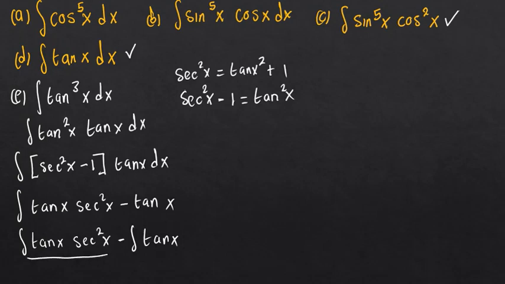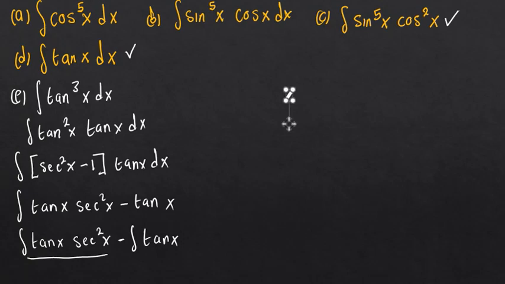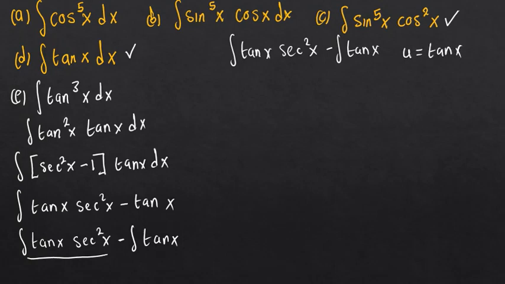Now we have this particular part here. So this is tan x secant squared x minus the integral of tan x. So we can make u equal to tan x, so that our du can equal secant squared x dx.